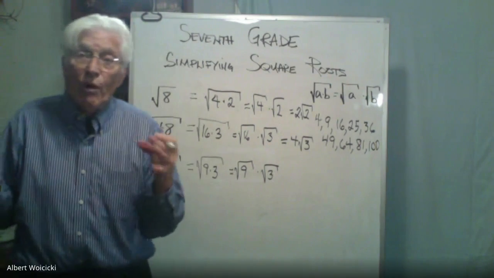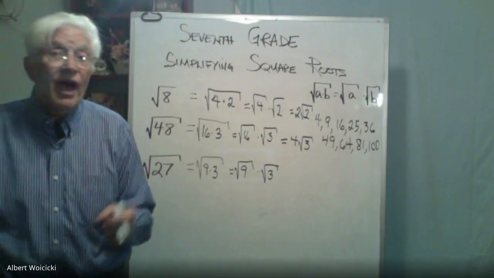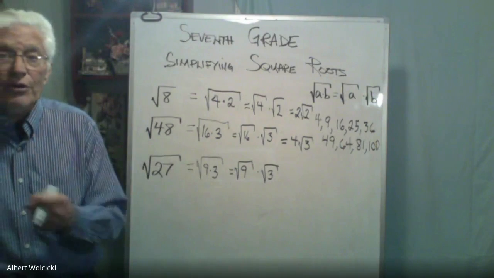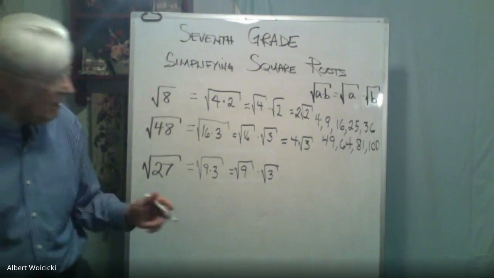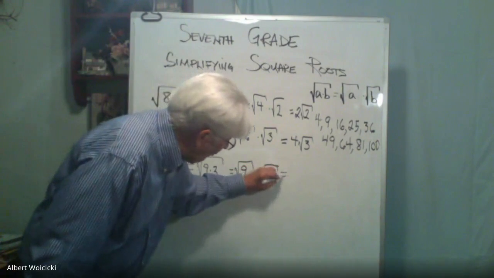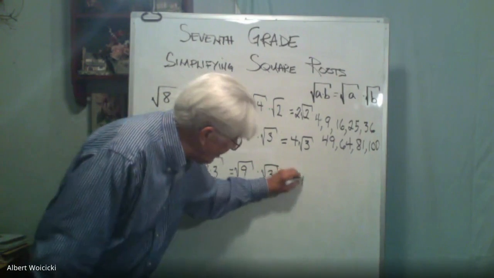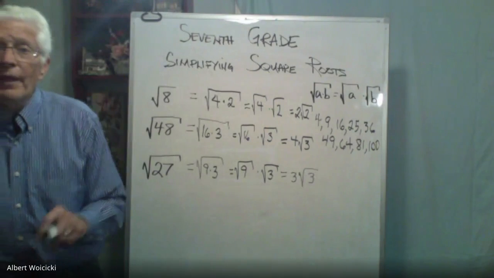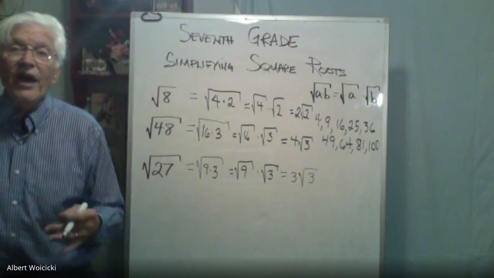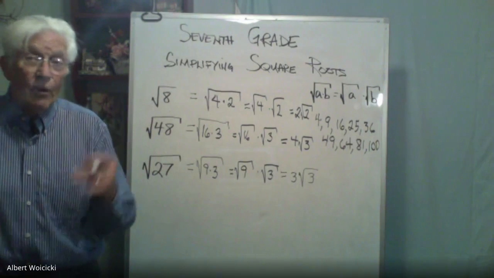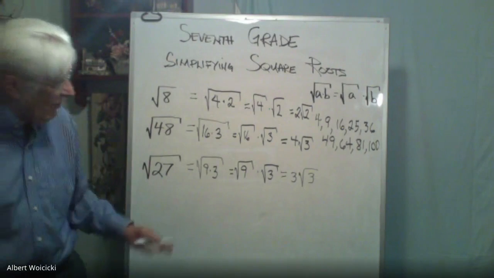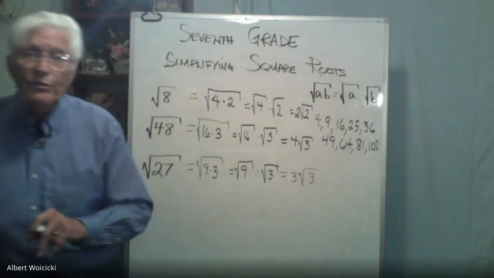Now, once I've broken those two up into separate rooms, I can look at it and say, what is the square root of 9? It's 3. I rewrite that as a whole number, 3. But root 3 can't change, so it's 3 root 3. So when they're doing their simplified square roots from 1 to 100, when they get to 27, it better say 3 root 3.